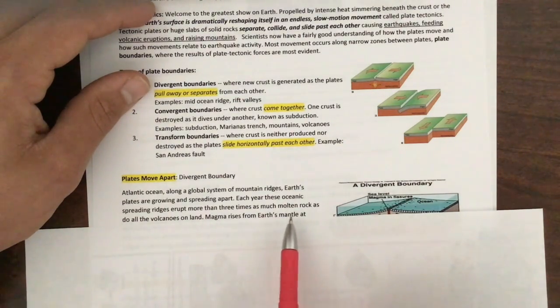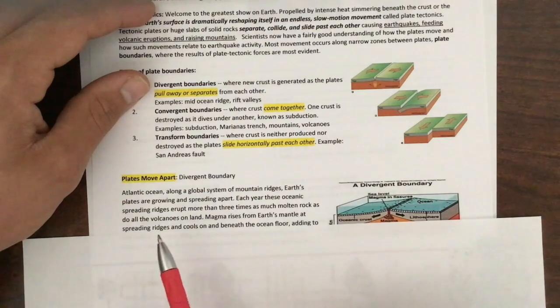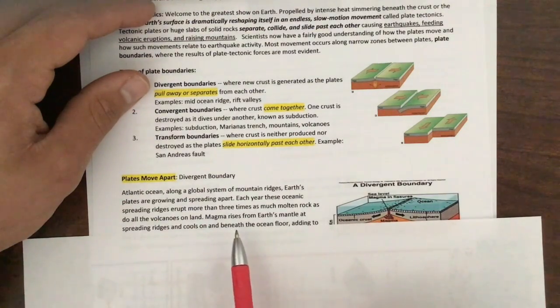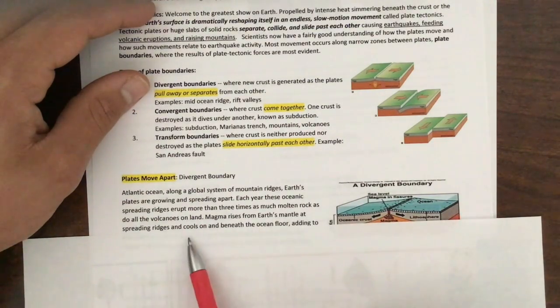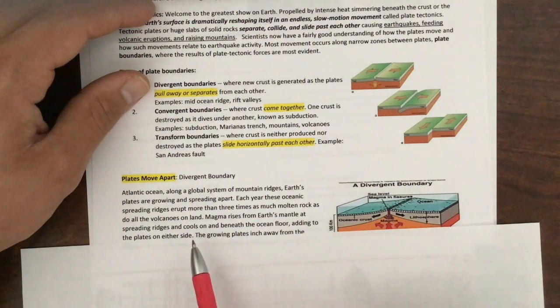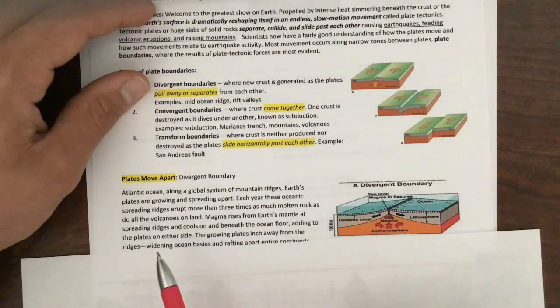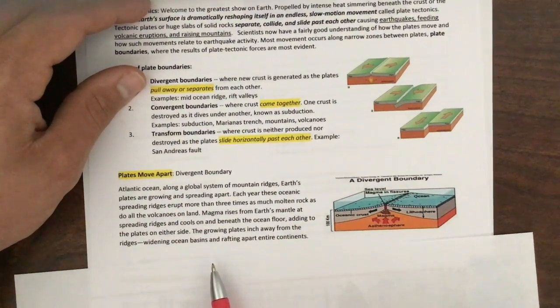Magma rises from the Earth's mantle at spreading ridges and cools on and beneath the ocean floor, adding to the plates on either side. The growing plates inch away from the ridges, widening ocean basins and rafting apart entire continents.